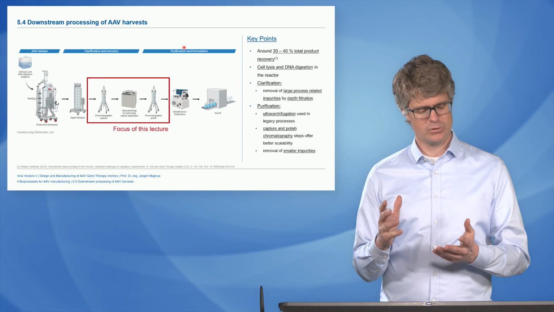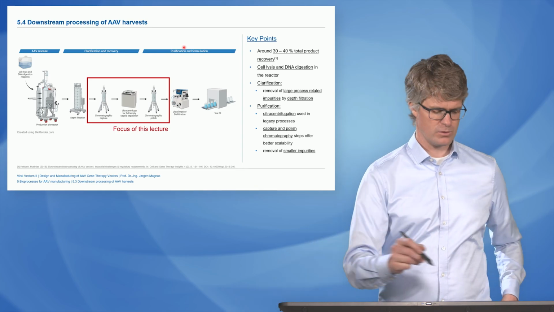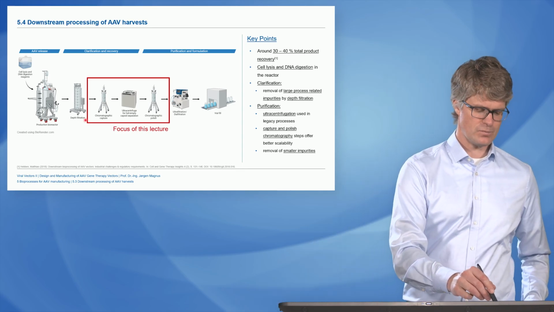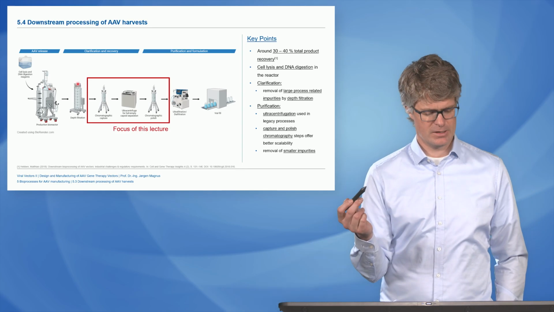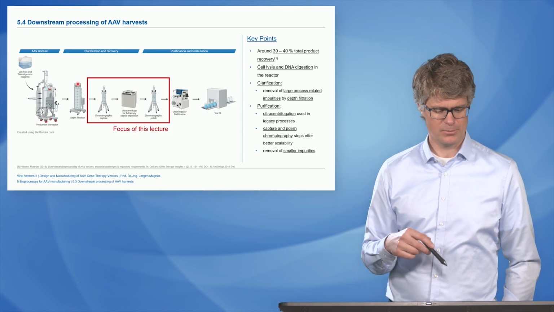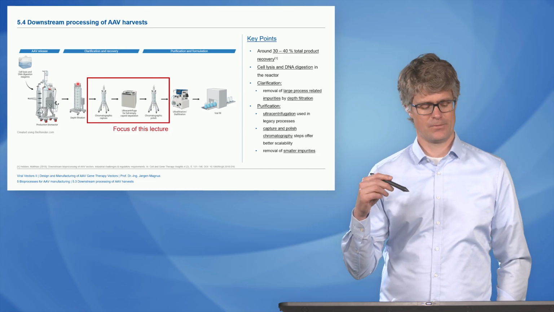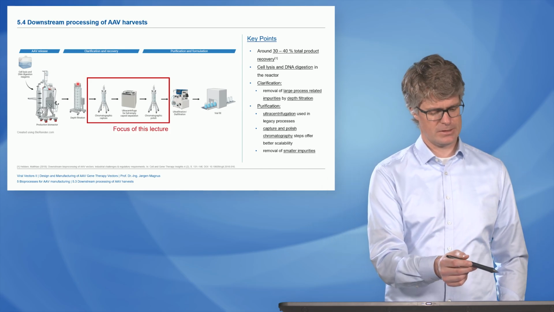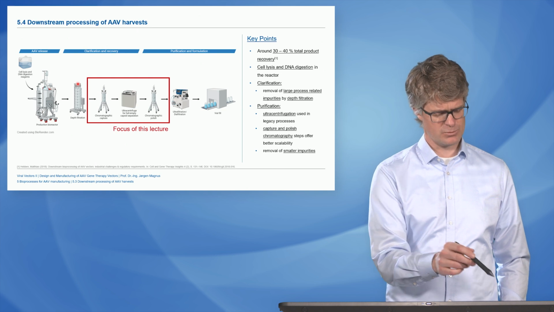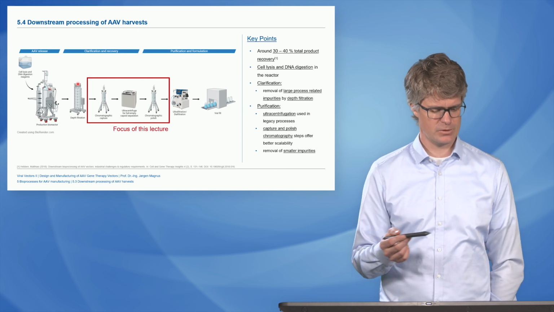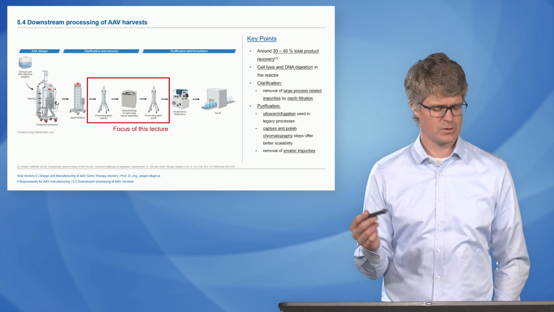But in any case, you have to do something before you go into your depth filtration, because in your depth filtration, you will very quickly block your filters if you just put an untreated fermentation broth directly onto the filters with all the host cell DNA.